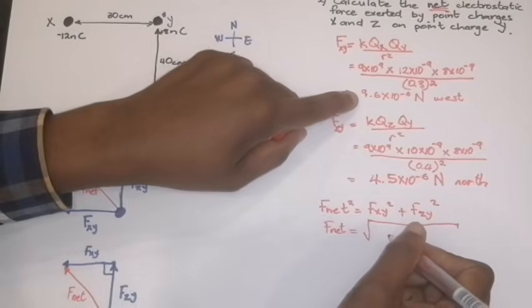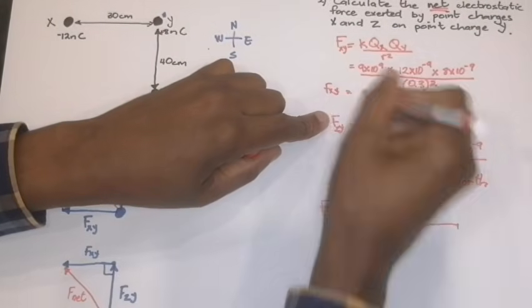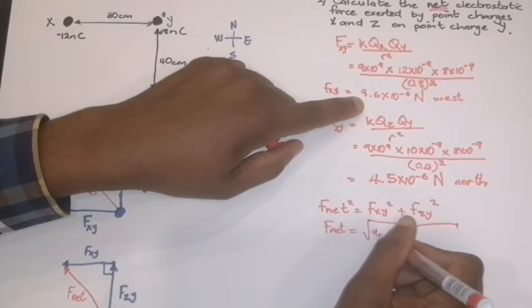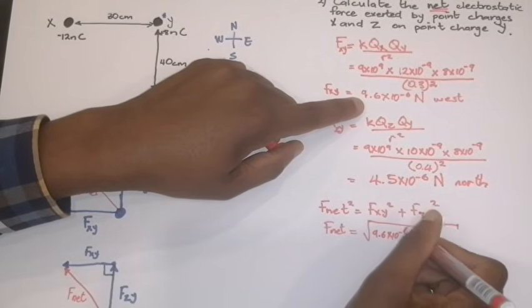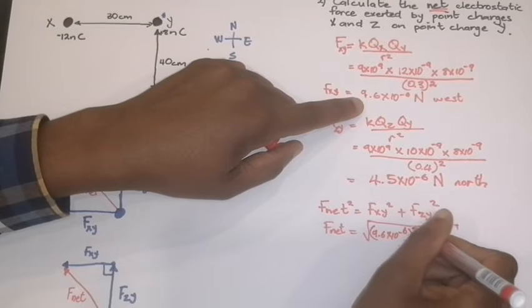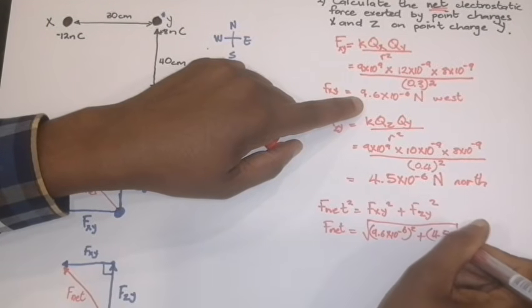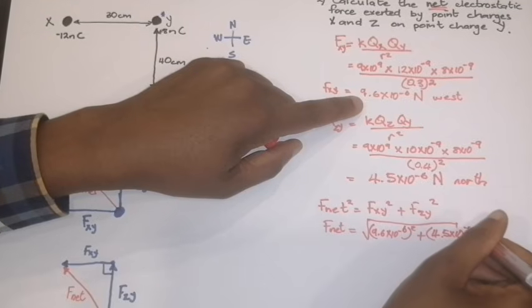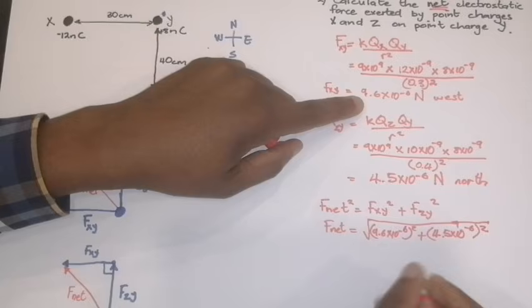This was F_XY, that's going to be 9.6 times 10 minus 6, squared, plus 4.5 times 10 minus 6, also squared.